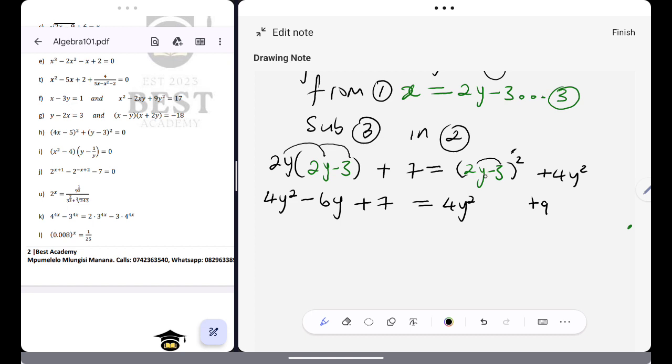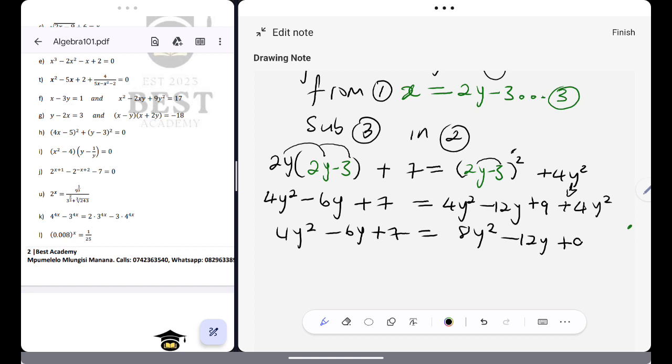So 2y times negative 3 is negative 6y, times the 2, I'll get a negative 12y. But I still have this 4y squared, which I'll bring down here. All right, together. Then I will have 4y squared minus 6y plus 7 is equal to 4y squared plus 4y squared, which is 8y squared, minus 12y plus 9.